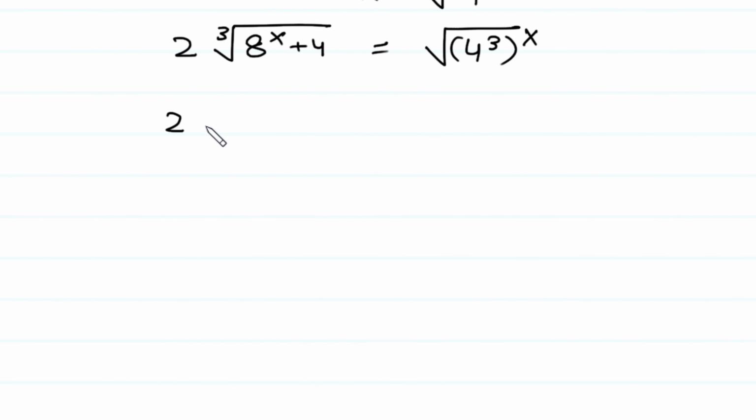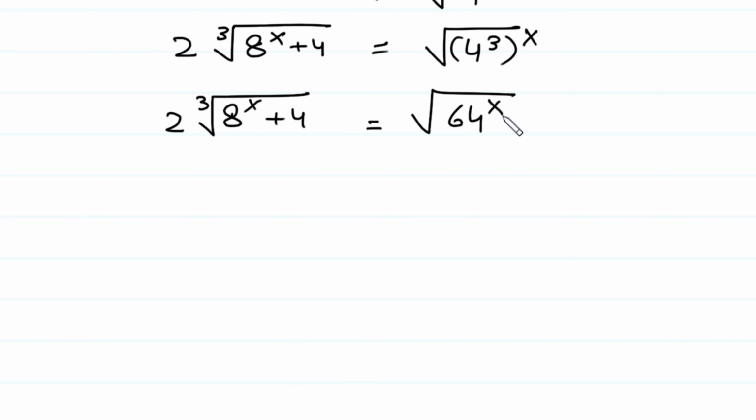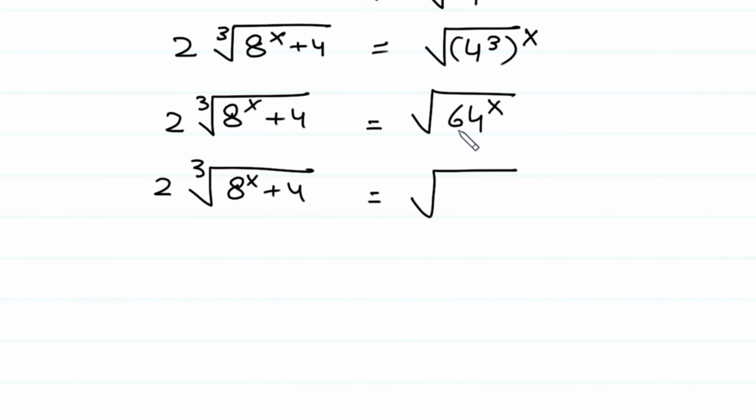Next, 2 times cube root of 8 to the power x plus 4 is equal to square root of cube of 4, which is 64, to the power x. Next, this 64 can be written as 8 to the power 2, to the whole power x.